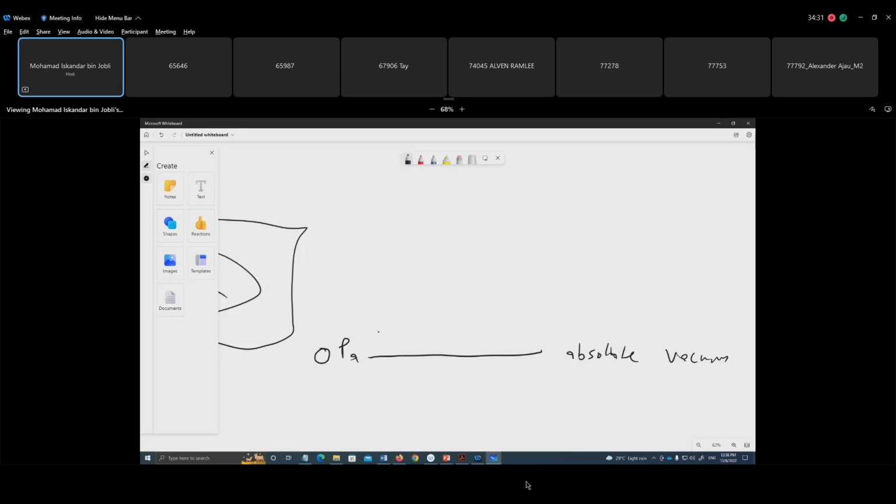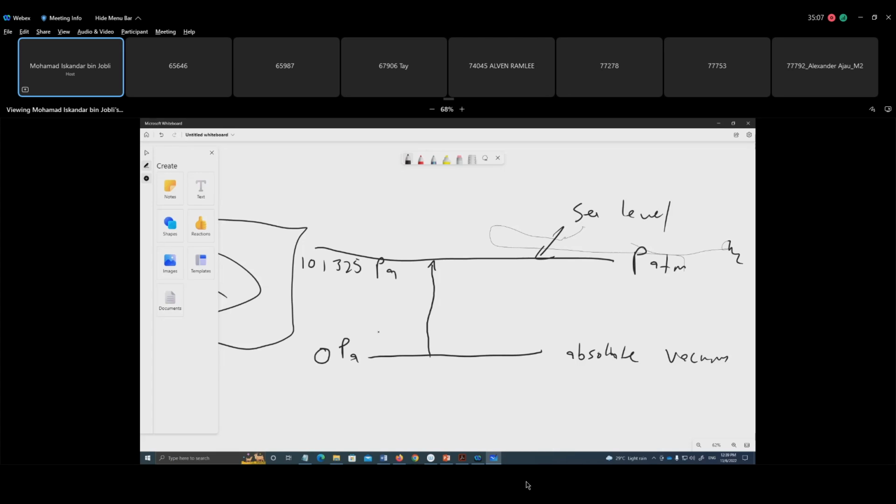When the pressure increases until it reaches 101,325 Pascal, this is what we call PATM, where we are currently at. This is what we call sea level. This is the absolute vacuum.